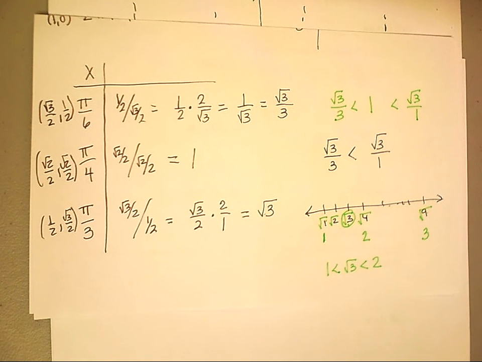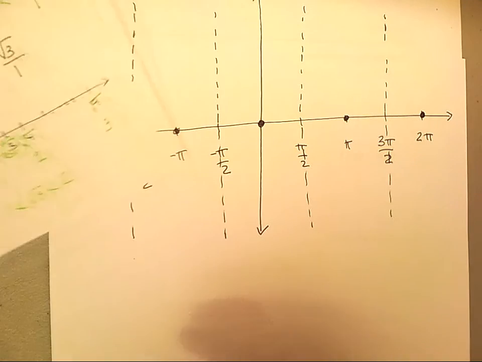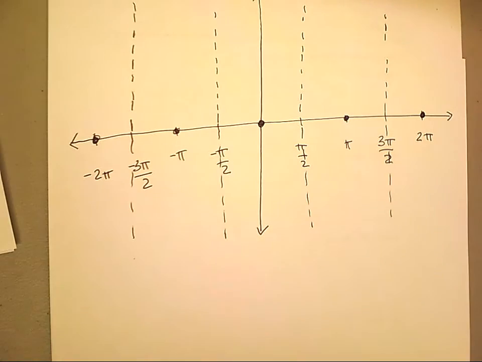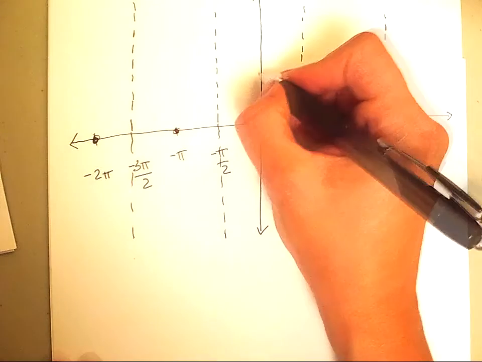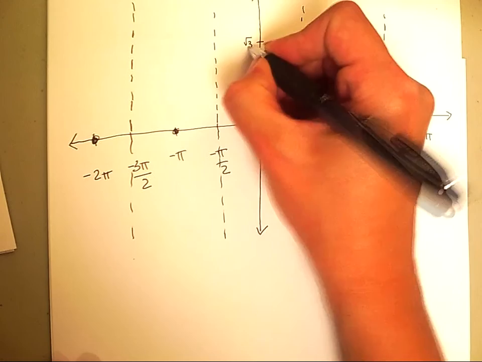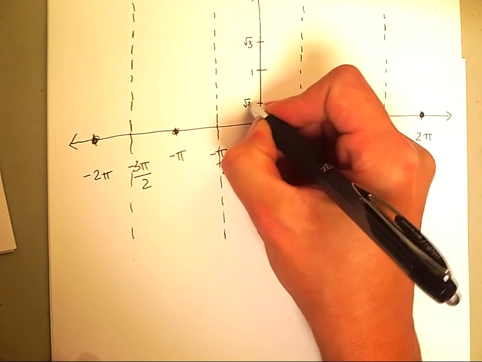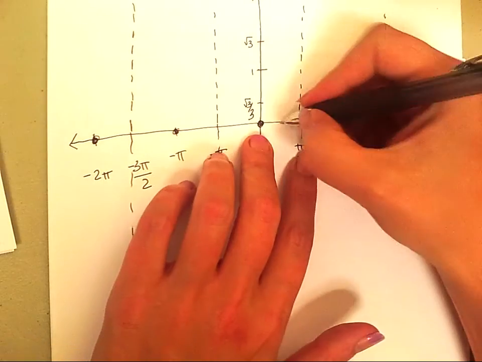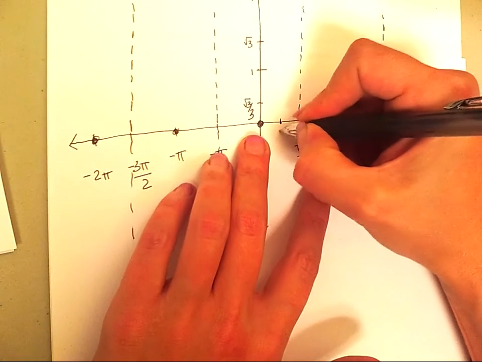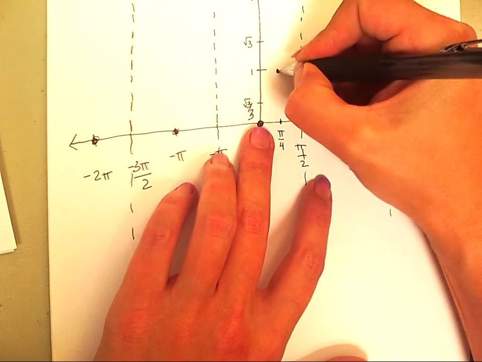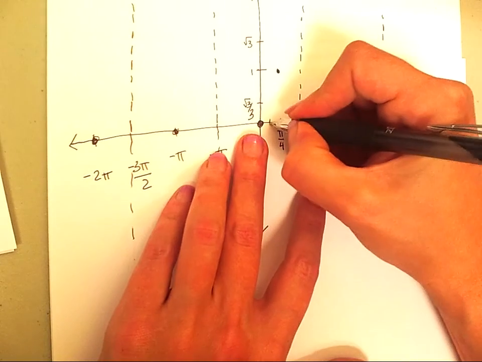So now why is that helpful for us? Well, let's put it on our y-axis so we can see this happen. So if we call this 1, then this is square root of 3, and down here is square root of 3 over 3. So at pi over 4, the tangent has a graph of 1.